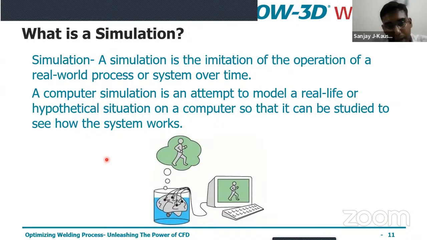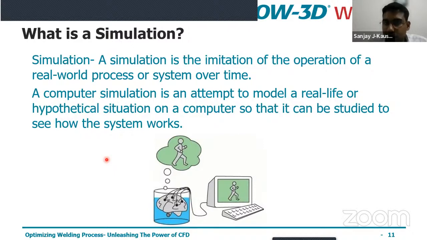Instead of doing it practically on a shop floor with the machines and the manpower required, I can do the same thing on a computer without spending the time required for setting up the machine, putting the process parameters in, and taking the manpower. I can do the same thing in a computer simulation.